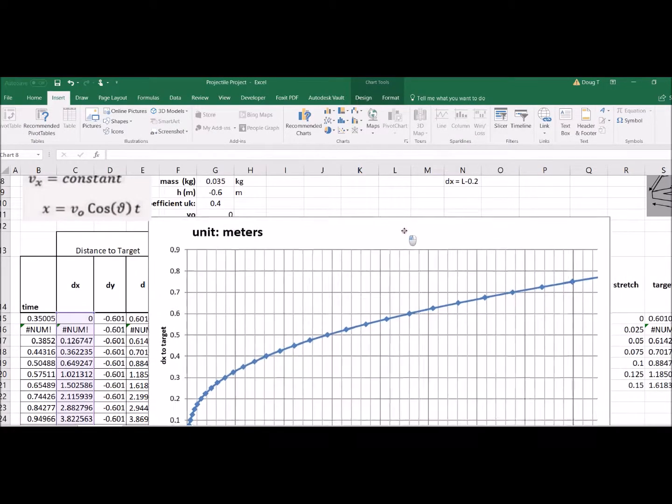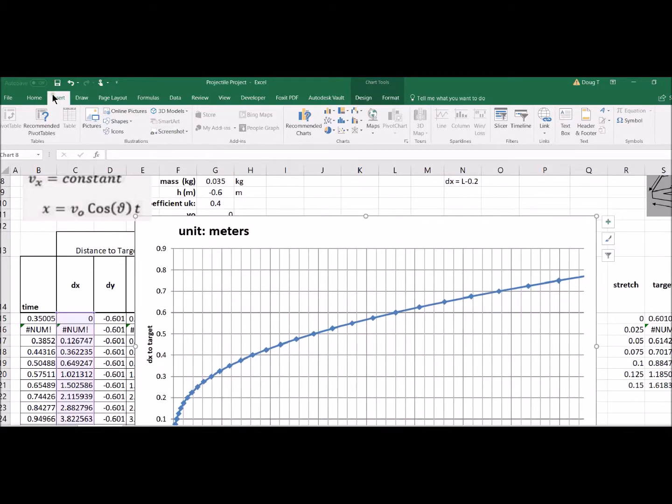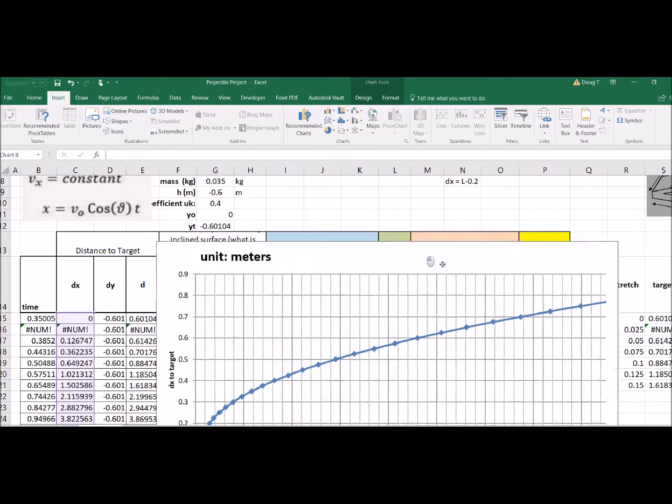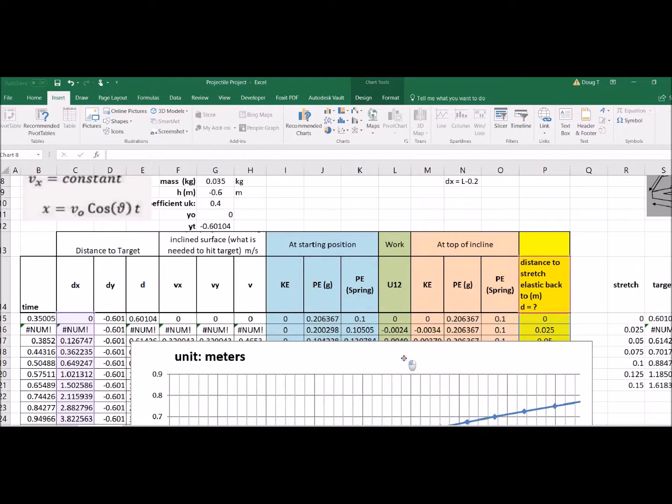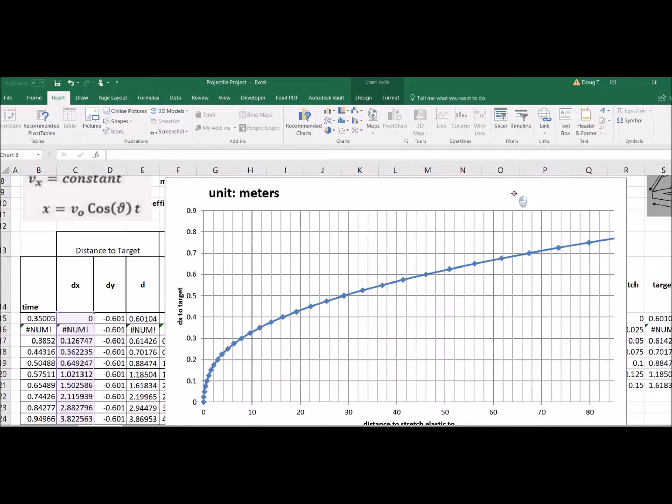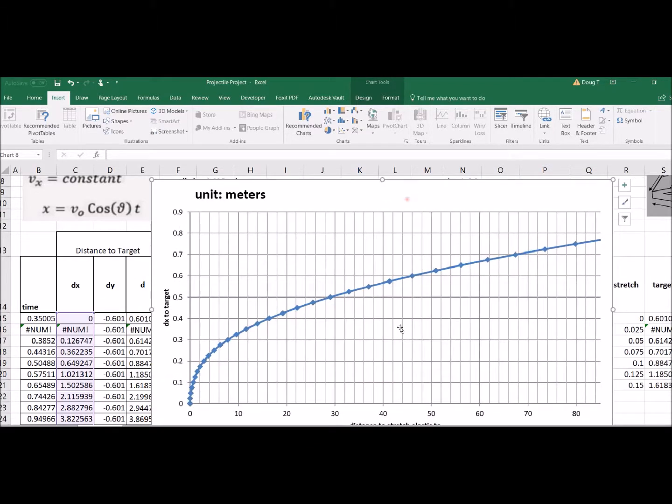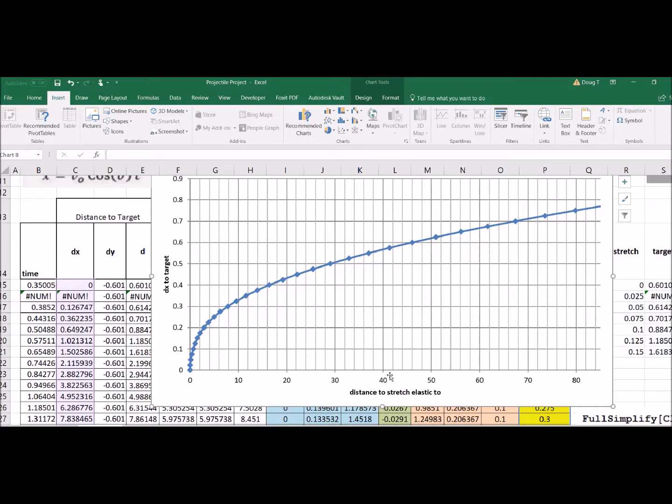Okay, so pulling up the graph here, you can just go to Insert, Scatter Plot, or there's one already set up for you. And what I have on here is the distance to stretch the elastic back to versus the distance to the target. So if you stretch your elastic back by 0.4, then you will hit a target right here, that is the distance to the target.